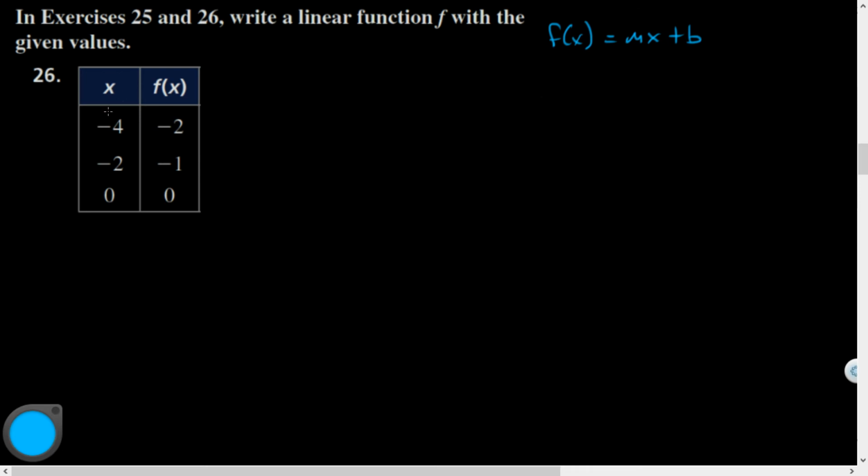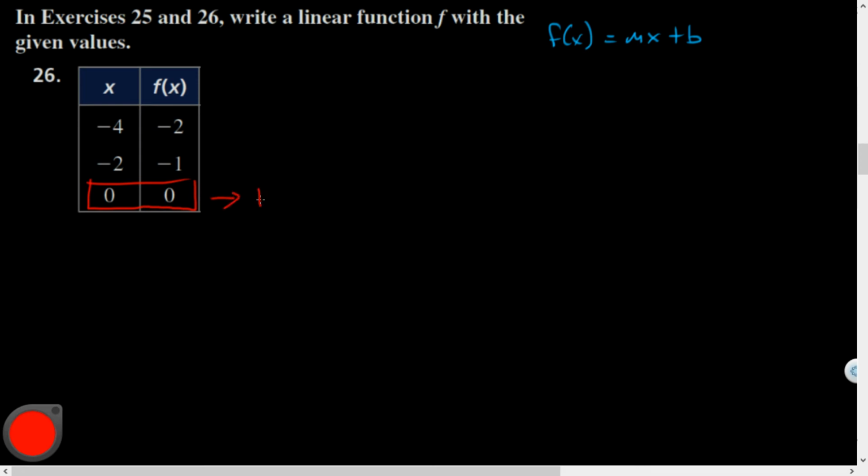So here I've got a table of values. To find the equation of a line, I need two things, slope and y-intercept. Does anyone see a y-intercept jumping out at them right now? Let's see. The y-intercept occurs whenever the x coordinate is 0.